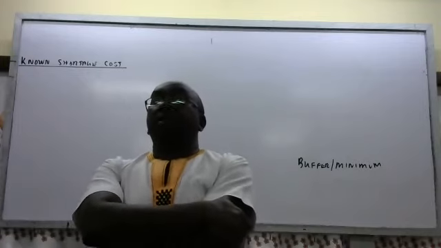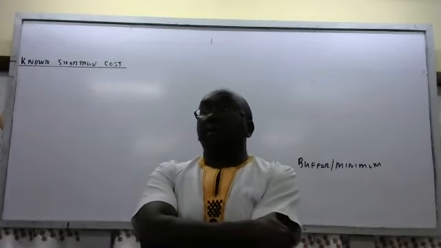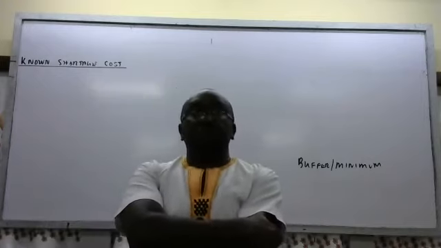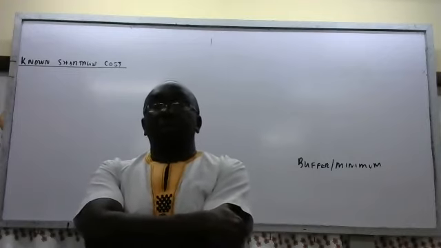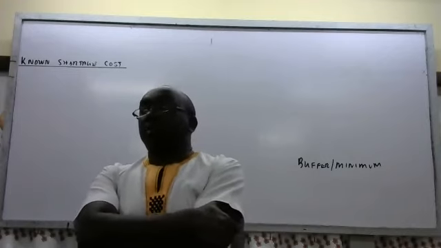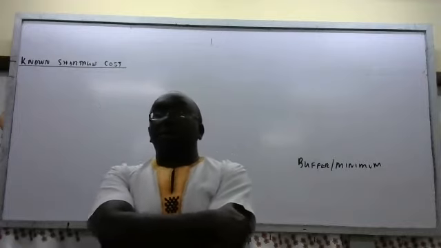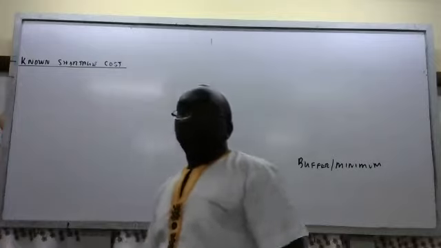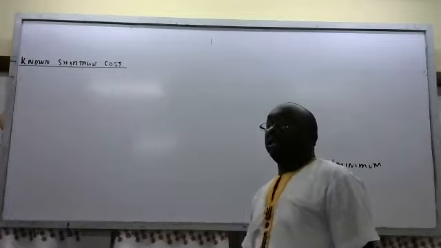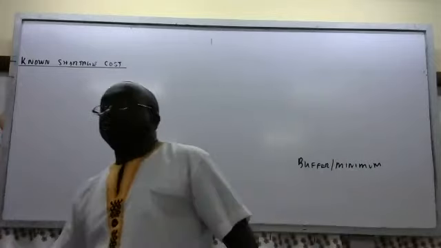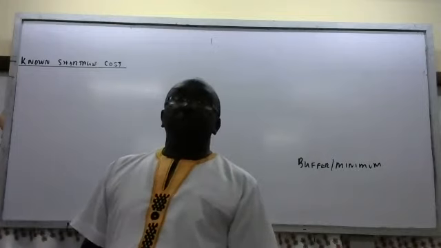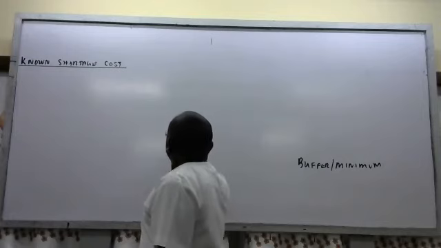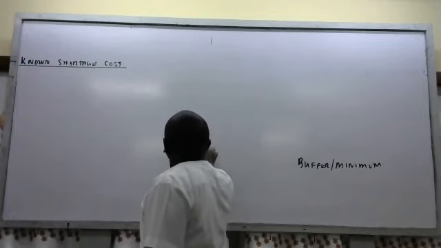Number 3, probability distribution of demand during lead time, in brackets, DDLT.